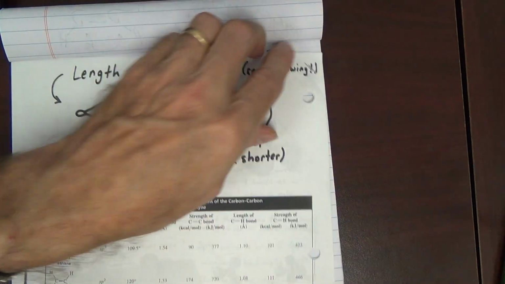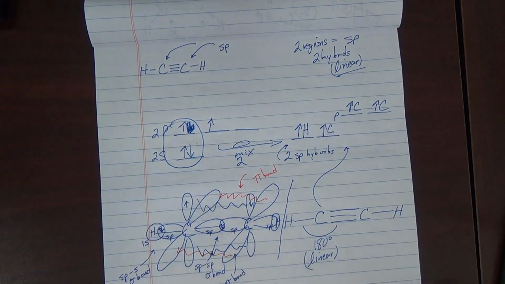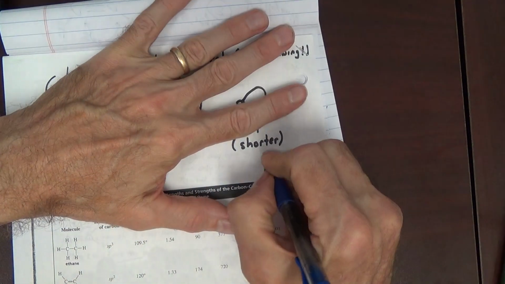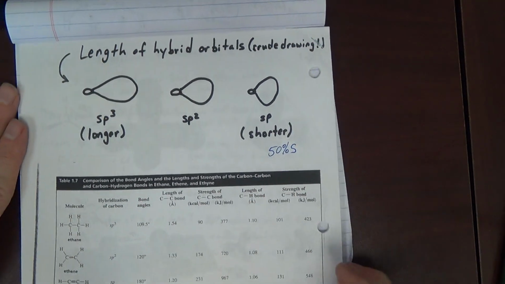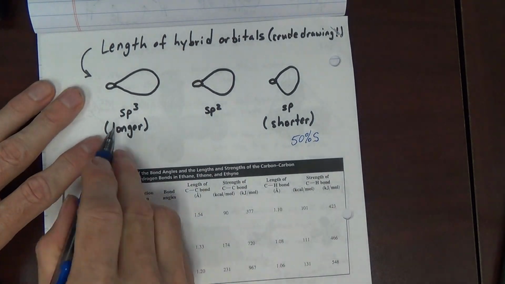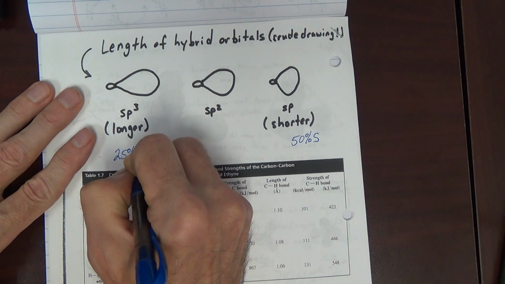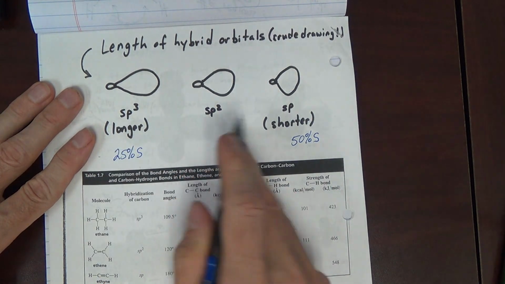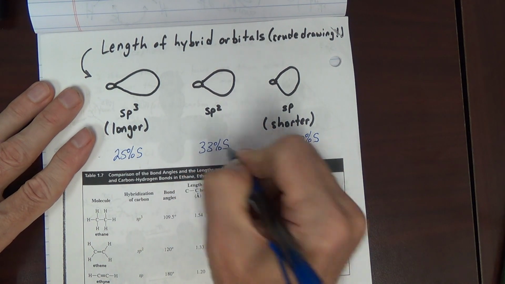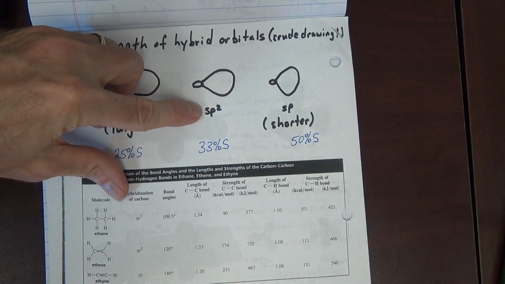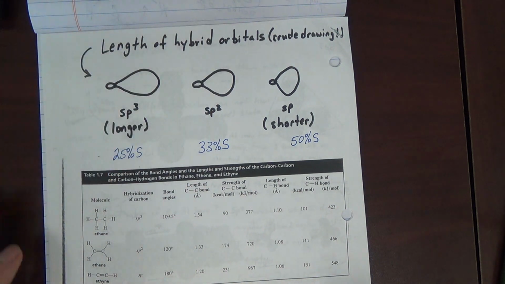One s and one p, right? One s and one p got mixed. This is 50% s. Here, one s and three p's. So this is only 25% s. And this is what? 33% s. Like 33% vanilla and 66% chocolate.